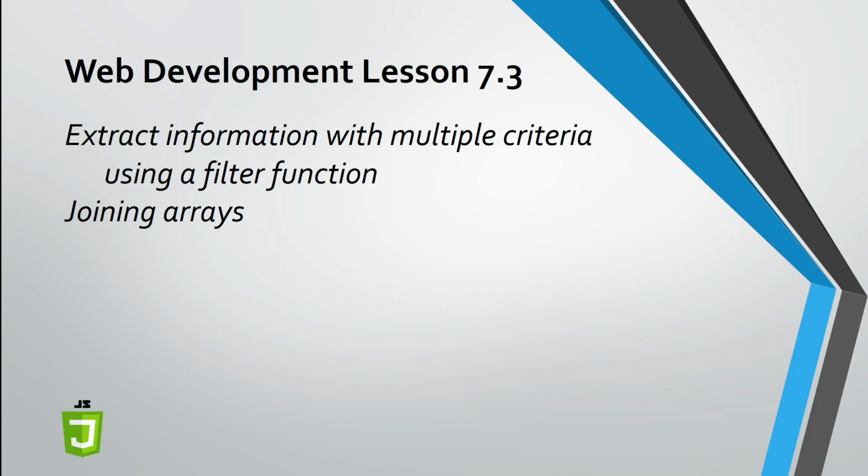What we did is that we used the filter multiple times to replicate the notion of an AND and the concept of an OR. We also learned how we can join arrays using the concat function. So hopefully you're feeling more empowered about how you can produce more complex searches in your data set, and enjoy.